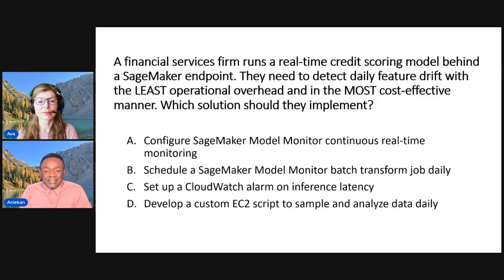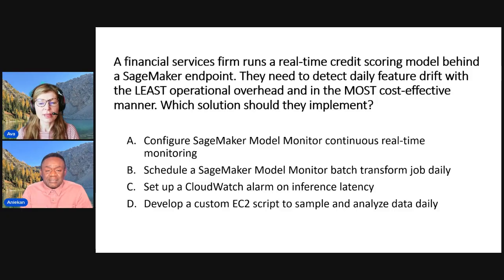All right, Ava, let's do one more. Let me read this question. A financial services firm runs a real-time credit scoring model behind a SageMaker endpoint. They need to detect daily feature drift with the least operational overhead and in the most cost-effective manner. Which solution should they implement?